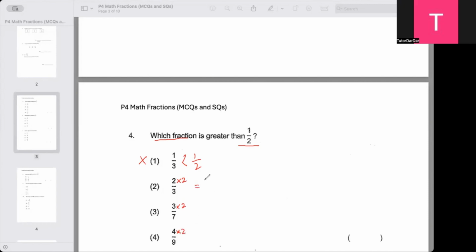What do you get? You will get 4/3, 6/7, and 8/9. Look at this. Based on this, this is the only one which is an improper fraction. The rest are not. So those which are not improper fractions are lesser than half. So 3 is out, 4 is out. The answer is 2.